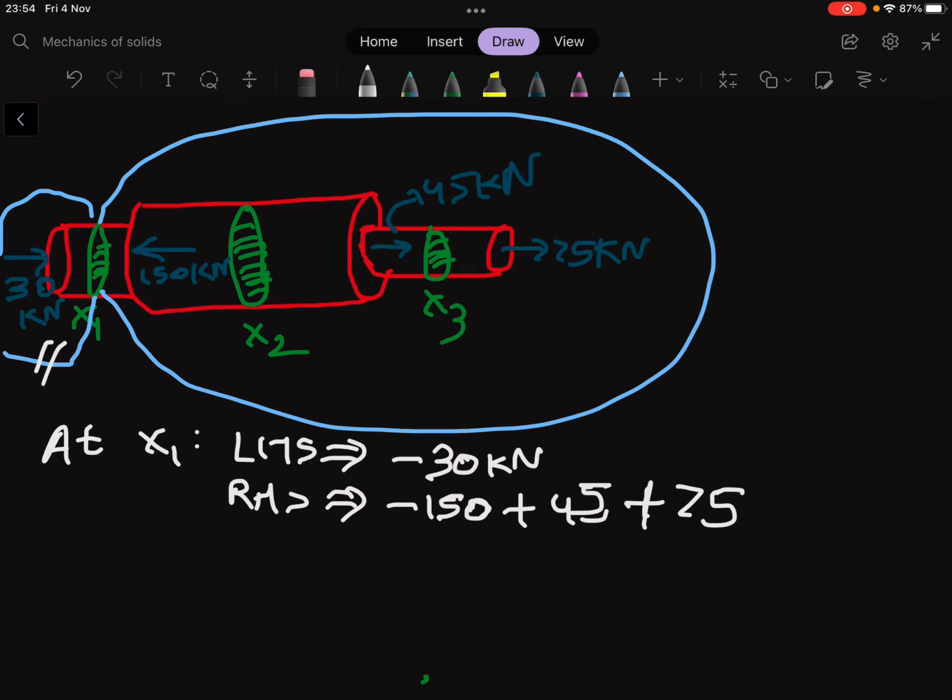So the net load here is minus 30 kilonewton. The main idea is that you can calculate from the left hand side or from the right hand side. Both will be the same approach.